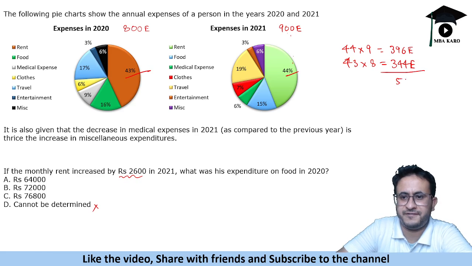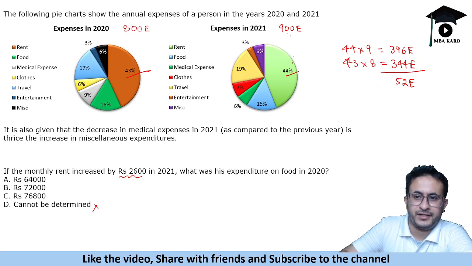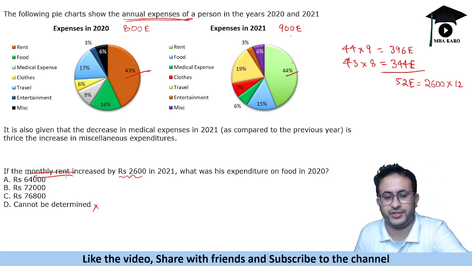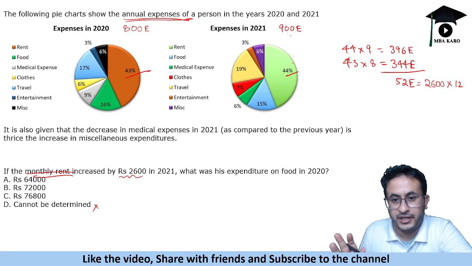So the difference is 52 E. Now the difference is 52 E, which is 2600 into 12. Why 12? Because this is annual expense and it is given that monthly rent, right? So you'll have to multiply by 12 to get the annual expense.